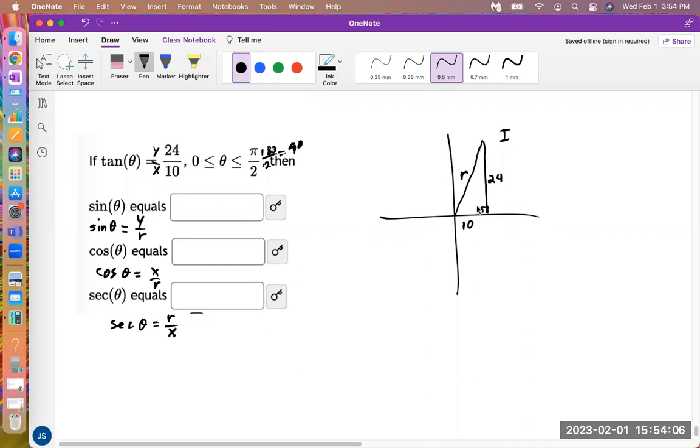And before I move any further, one thing that I could have done in this problem to make my calculations a little bit easier is noticing that I can reduce that fraction, 24 over 10. I can divide both sides by 2. So if I do that, I get a triangle that's similar to the original triangle, which means all my trig functions are going to be the same, but my calculations are going to be easier.